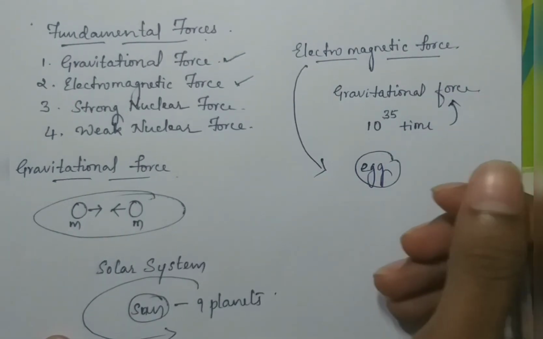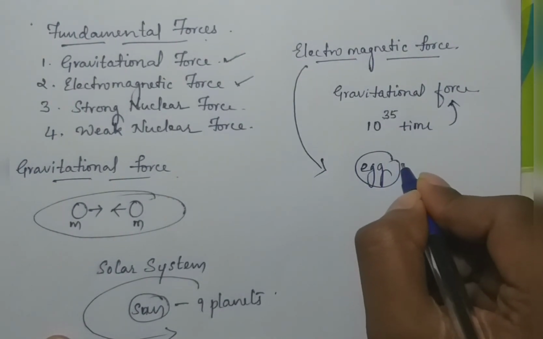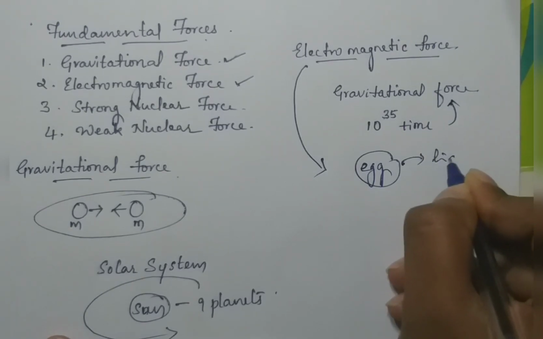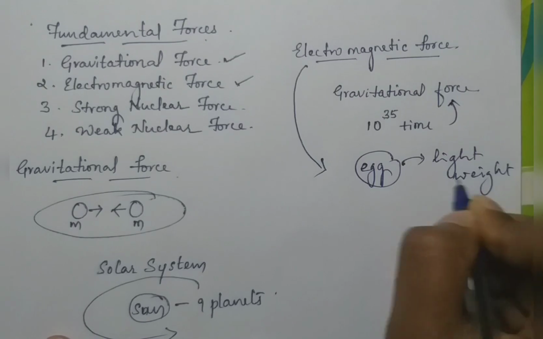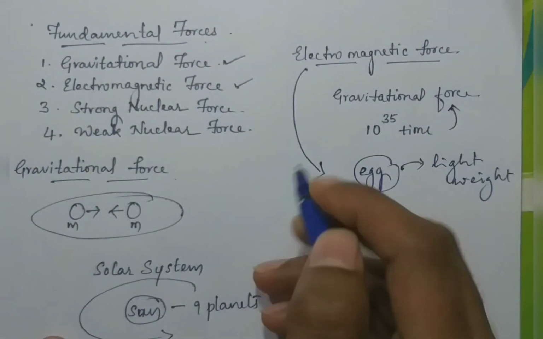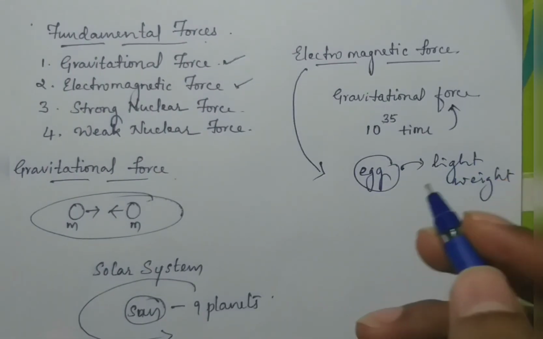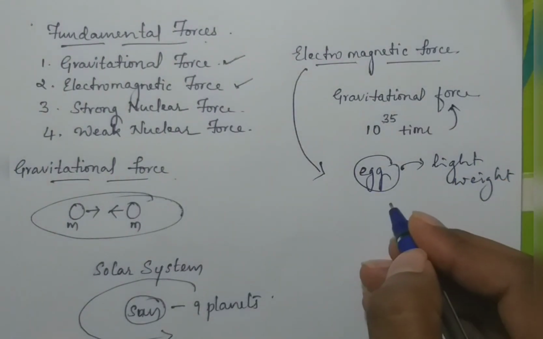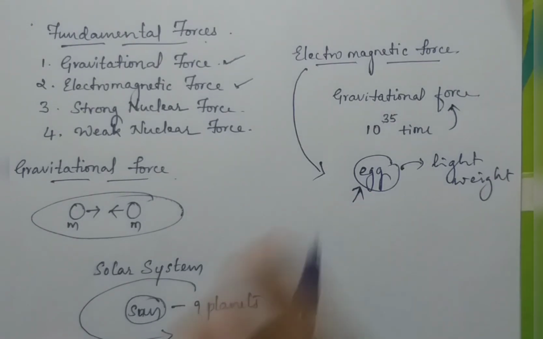We are feeling it as so lightweight. Why are we feeling the egg as lightweight? Because of the electromagnetic force. Because of this electromagnetic force, we are not experiencing the gravitational force which is acting on the egg.